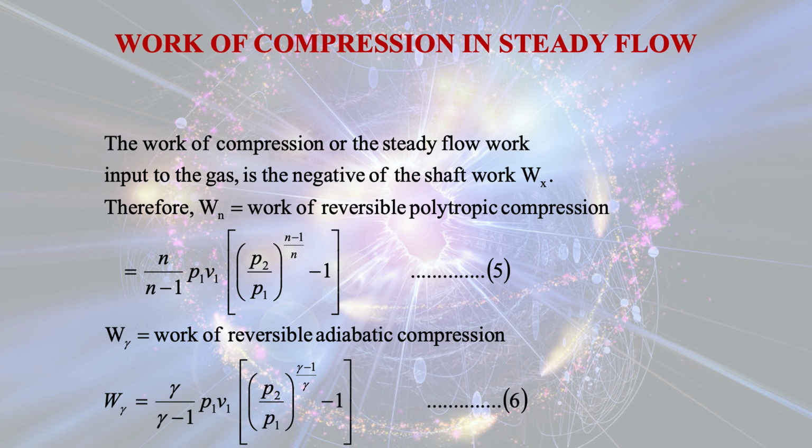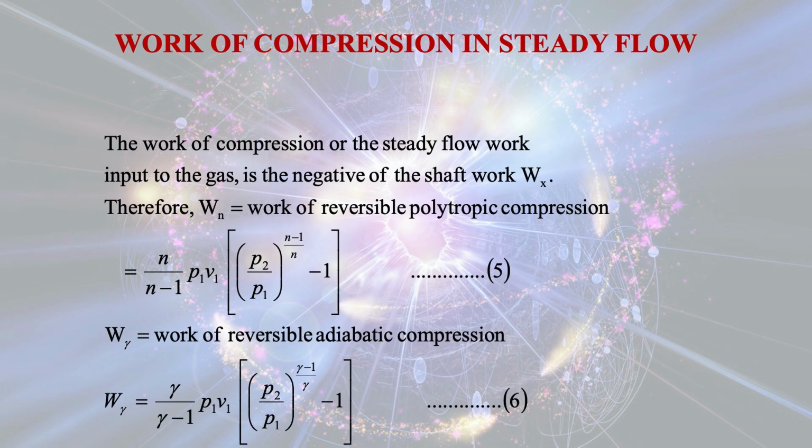But here we just omit the minus sign because the work of compression is the negative of the shaft work. So W gamma is equal to the work of reversible adiabatic compression.